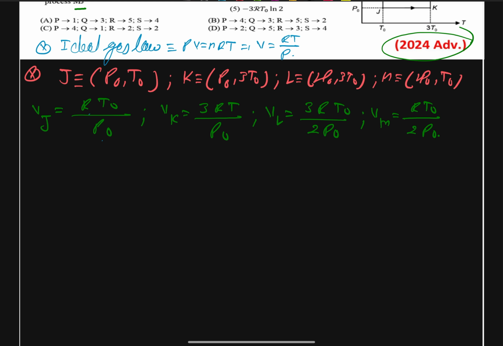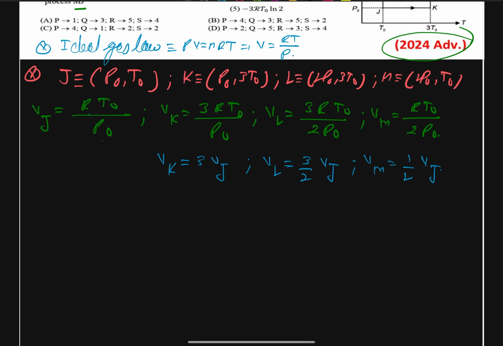So V of K will be equal to 3 times V of J, V of L will be equal to 3 by 2 times V of J, and V of M is equal to 1 by 2 V of J.